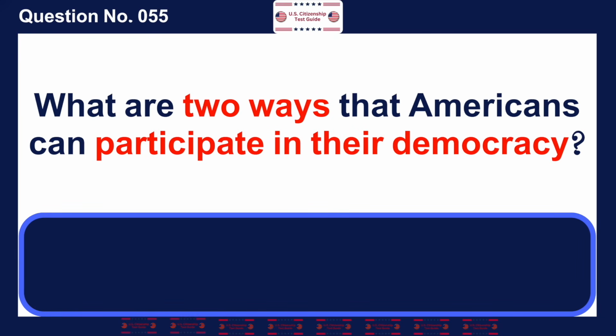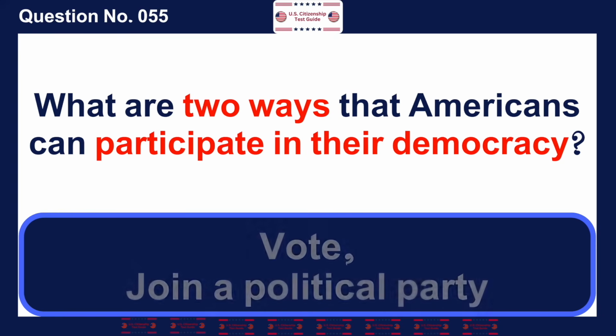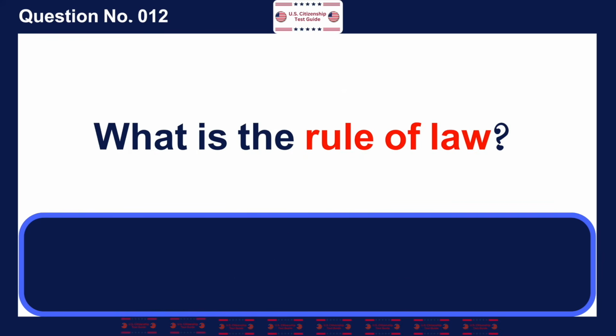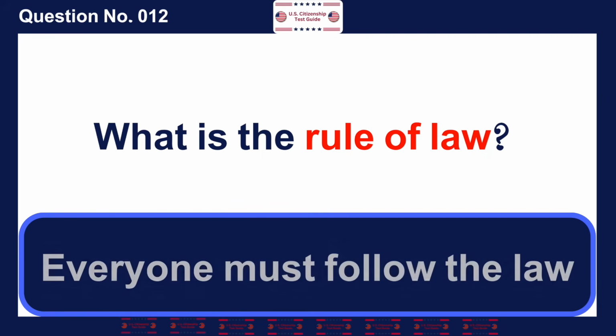What are two ways that Americans can participate in their democracy? Vote. Join a political party. What is the rule of law? Everyone must follow the law.